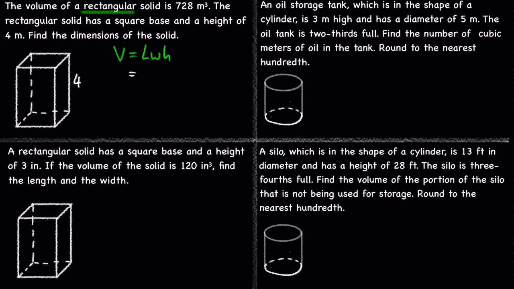So we can write L squared times H. The volume is 728 and the height is 4. So we get L squared equals 728 divided by 4, which is 182. The square root of L squared is L, and the square root of 182 is approximately 13.5 meters.